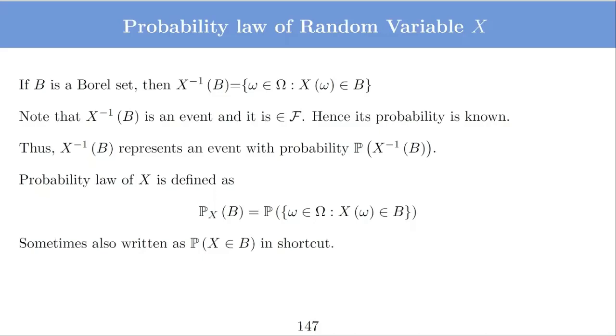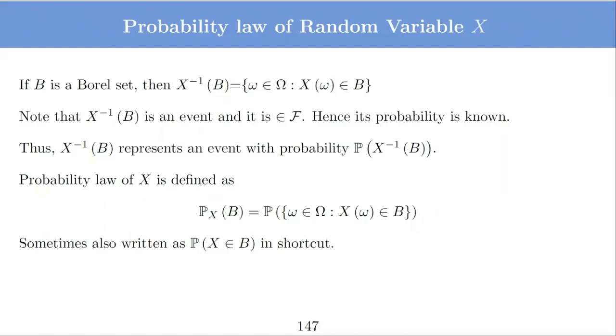Now we have defined a random variable X, which maps outcomes to the real line, and we have also made sure that if you take any Borel set, the pre-image is also in F. Now the real line has a sigma algebra, which is the Borel sigma algebra, so it is possible to measure the sets in this sigma algebra. So can we assign a probability measure to these sets in a consistent way?